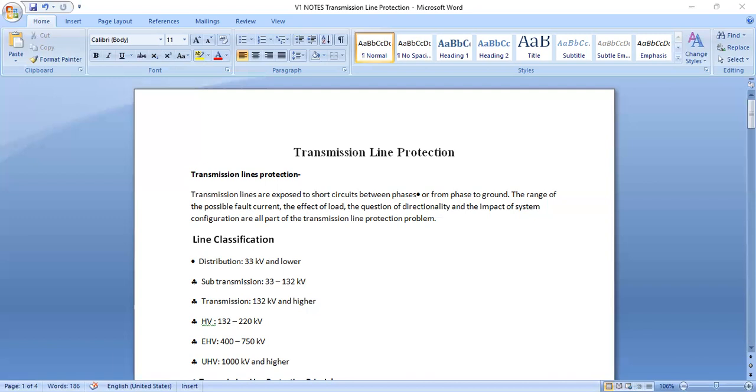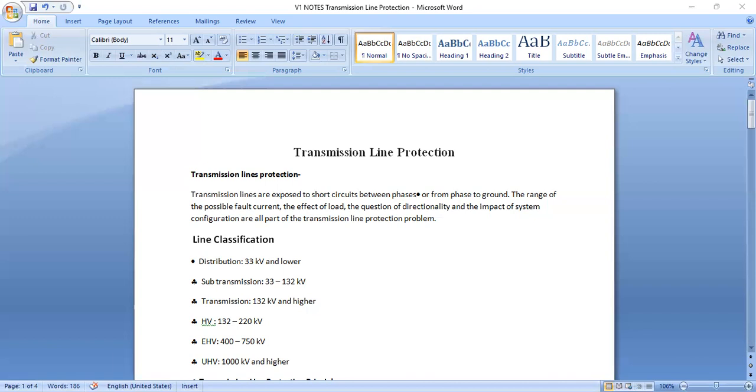Then which type of protection is used in the transmission line? The main protection scheme is the distance protection scheme. Since the impedance of the transmission line is directly proportional to the distance of the fault in the line, due to the simple series model, it helps in identifying the fault location.